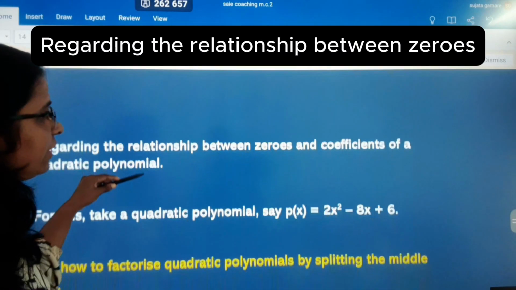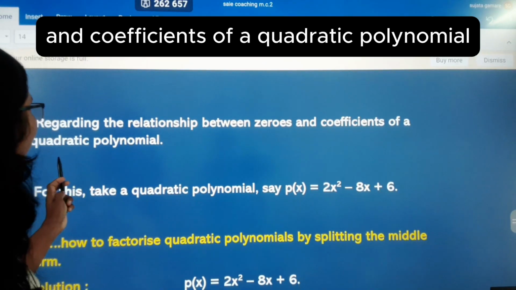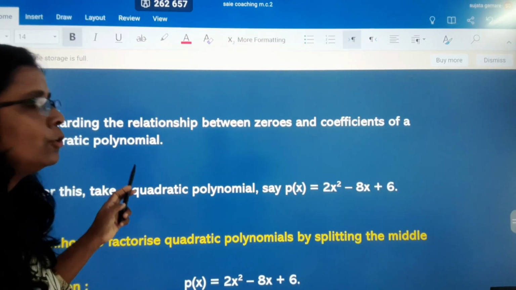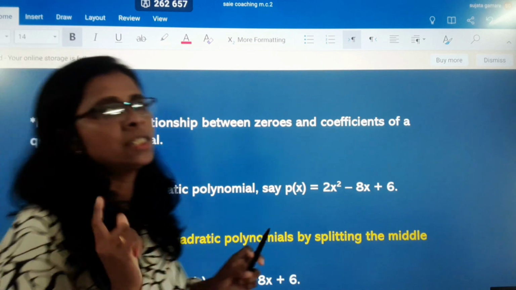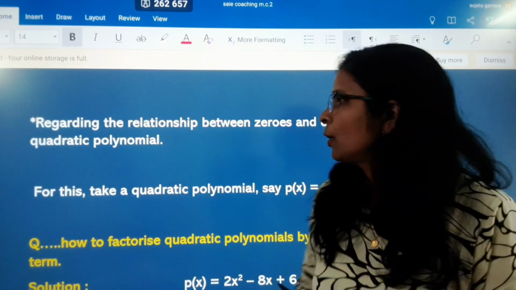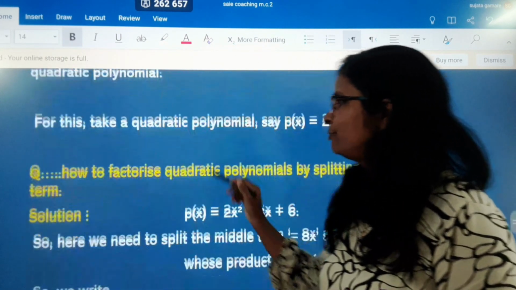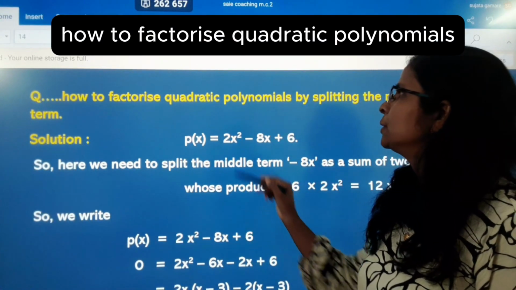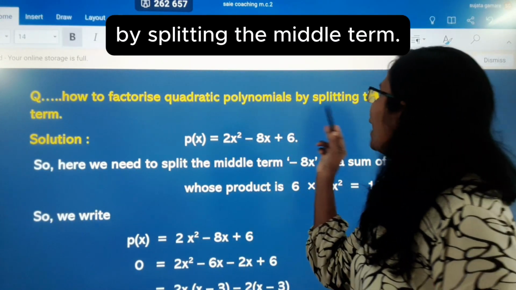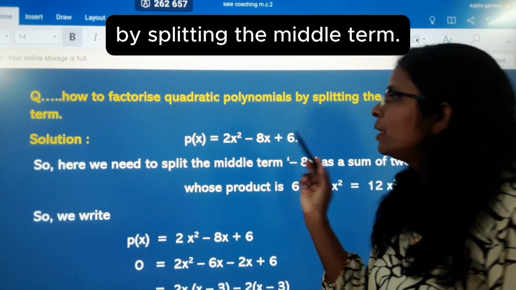Okay. Now, regarding the relationship between zeros and coefficients of a quadratic polynomial, let us see the first example on this topic. That is, how to factorize quadratic polynomials by splitting the middle term.